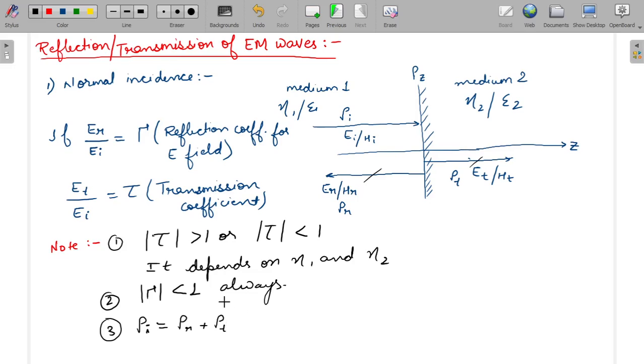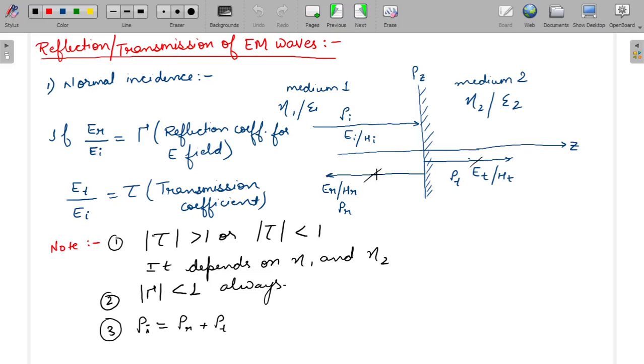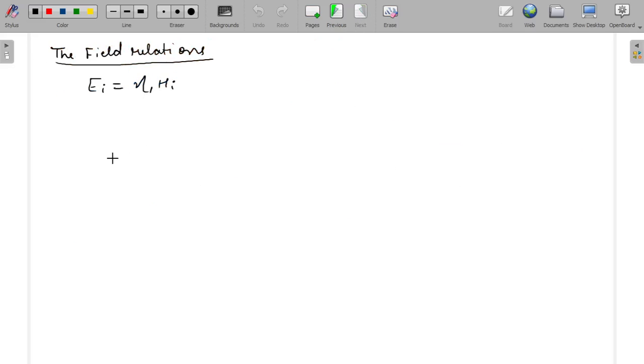Okay. Now there is some field relation, that is the relationship between fields. Those relations are given like this: EI, that is for the incident wave, is equal to eta 1 into HI, because see, EI and HI are both incident and both are in medium 1, that's why we are using eta 1.